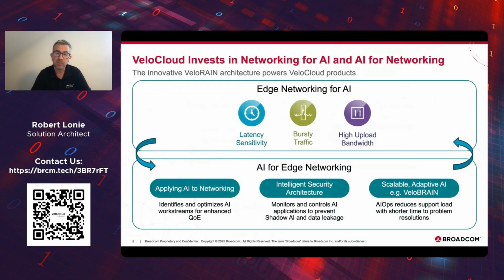Now, talking in a bit more detail about VeloRain, as I mentioned previously, it is looking to deliver edge networking for AI and AI for edge networking. From an edge networking for AI perspective, the increasing consumption of AI workloads and applications is changing the requirements of the network, whether that's the underlay or, in our case, the overlay.